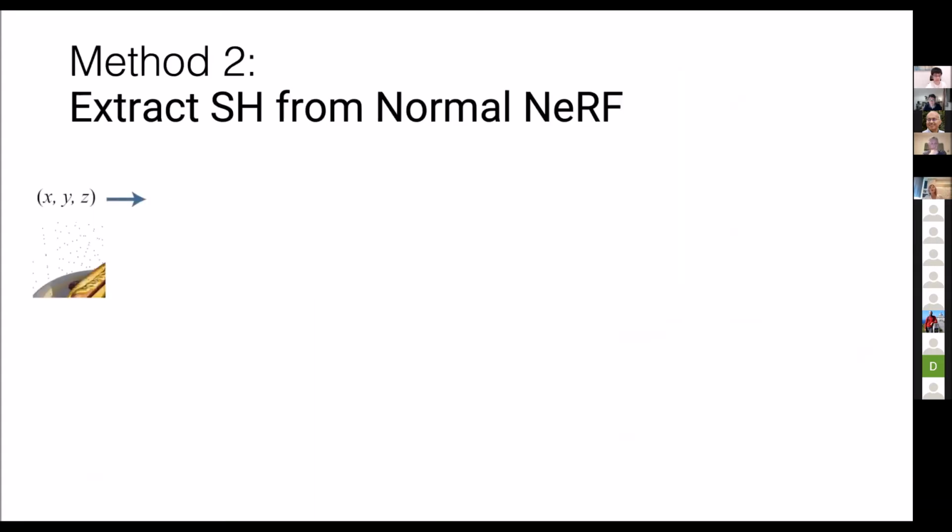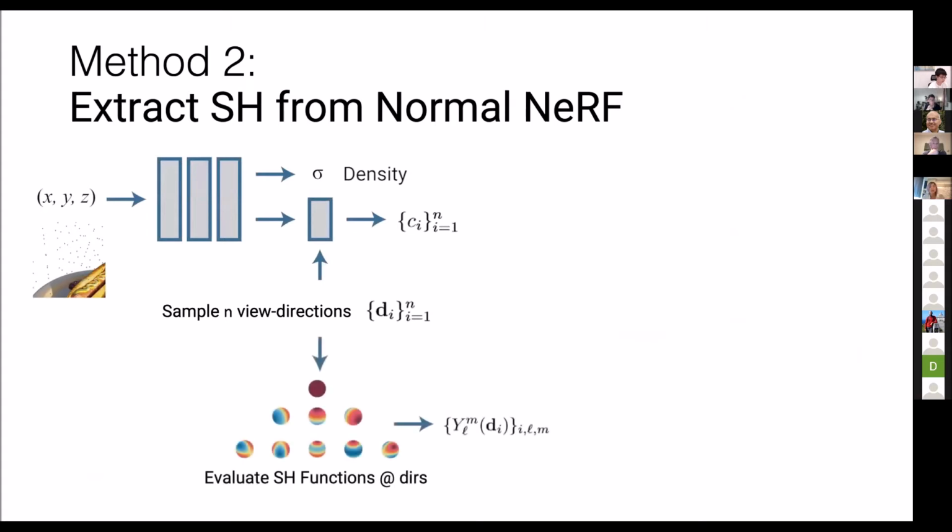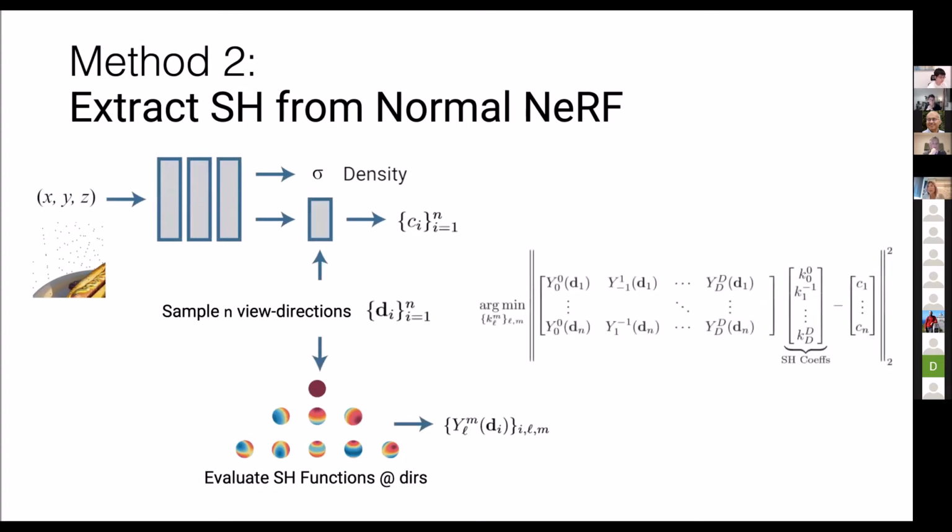Okay, so you can train that spherical harmonics NeRF from scratch. But sometimes, for visual debugging, you might have your own NeRF and you want to change that. In order to do that, you just take your NeRF, sample at every single point many different view directions, and try to estimate the coefficients of the spherical functions, for spherical harmonics, by just solving least squares.